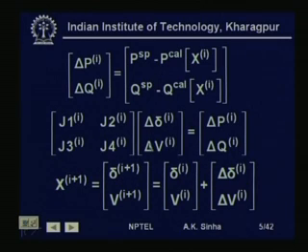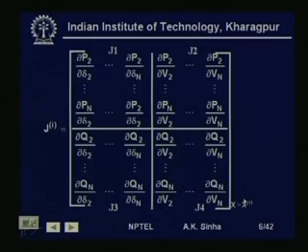Once we get delta x at ith iteration, we can find x at I plus 1th iteration, that is delta and V at I plus 1th iteration, equal to whatever was the value of delta and V at ith iteration plus the change which we have just computed, that is delta delta and delta V at ith iteration.